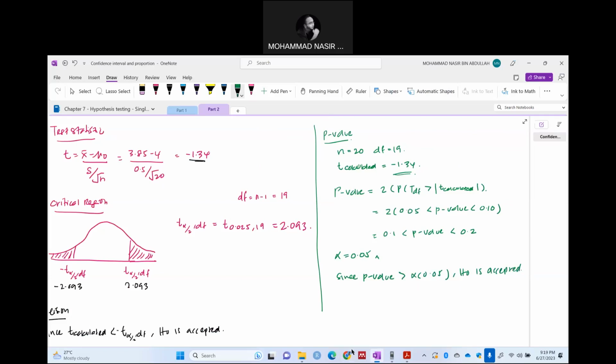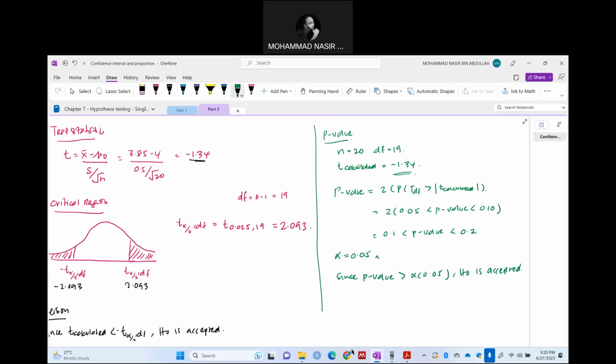Boleh faham this one? Can you understand? We cannot find the exact p-value in t statistics, right? Sometimes we can get the exact value, but most of the time we can only estimate. Since the p-value is 0.1 to 0.2, which is more than 0.05, we accept the null hypothesis, right?